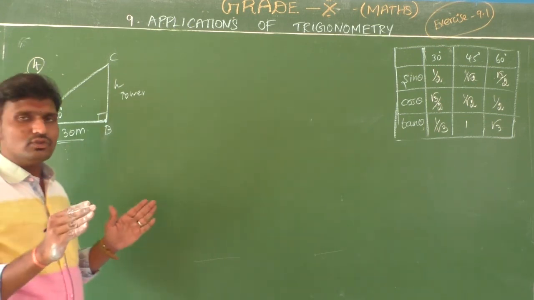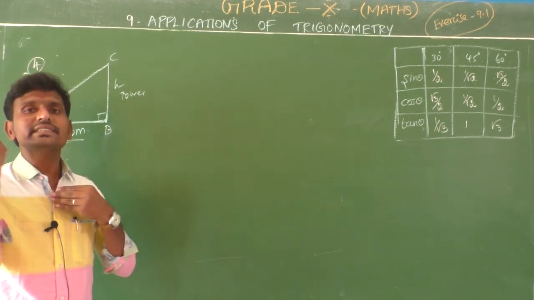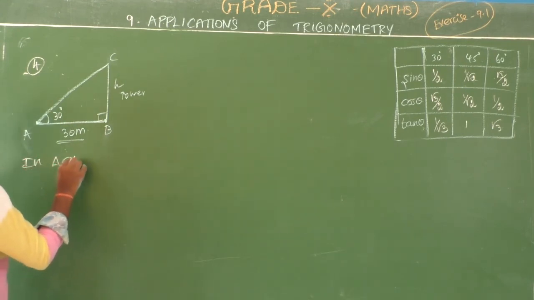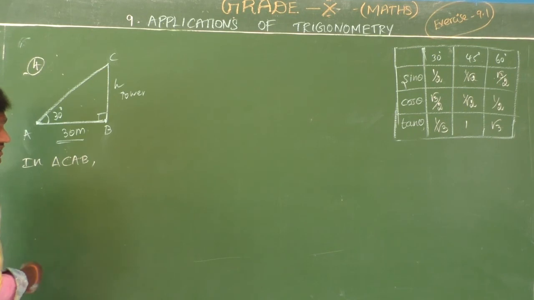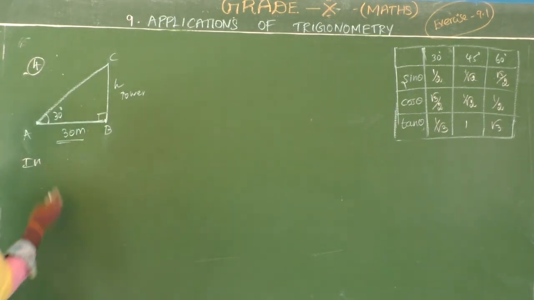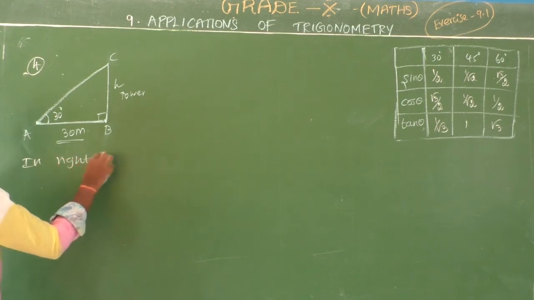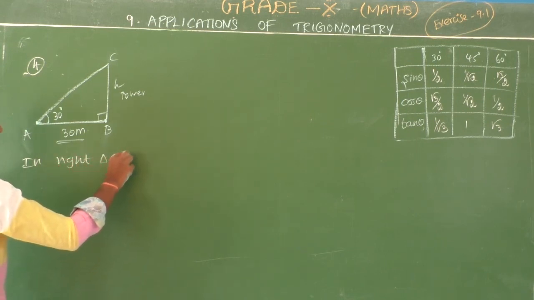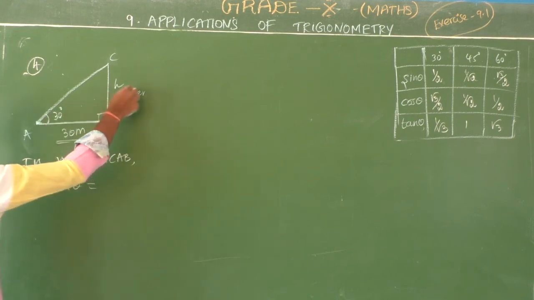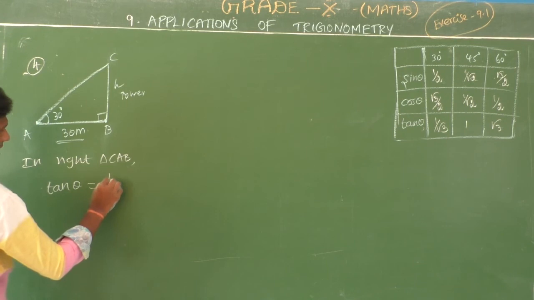So combine the two, sin and cos, you have tan theta. In right triangle CAB, I am going to take tan theta equal to opposite side divided by adjacent side.